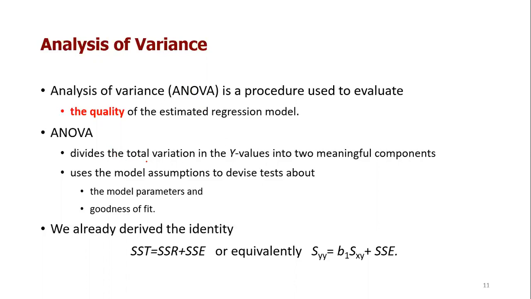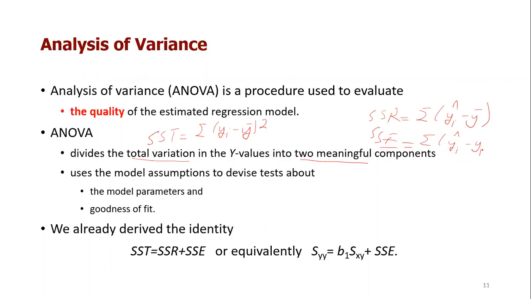So ANOVA just divides the total variation. Remember, it was SST, which is the sum of yi minus y bar squared. This is the total variation, divided into two meaningful components. What were they? It was SSR, the regression sum of squares, yi hat minus y bar, the variation due to the regression, and the variation due to the error, due to the prediction of yi.